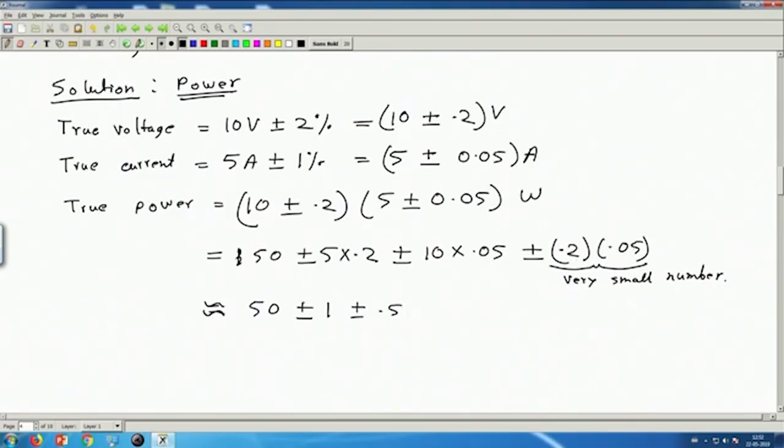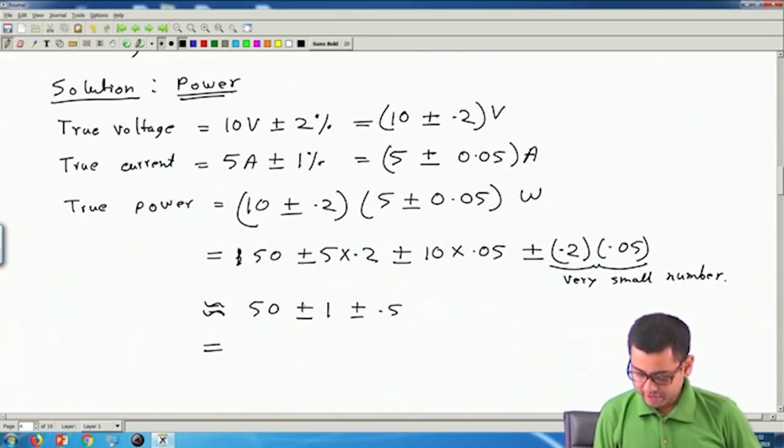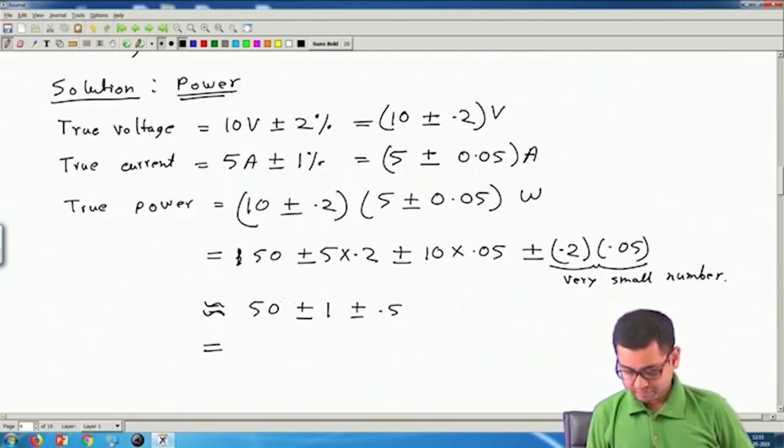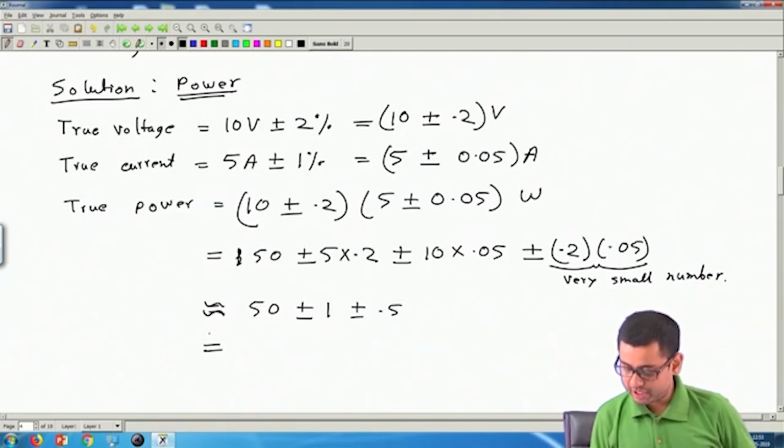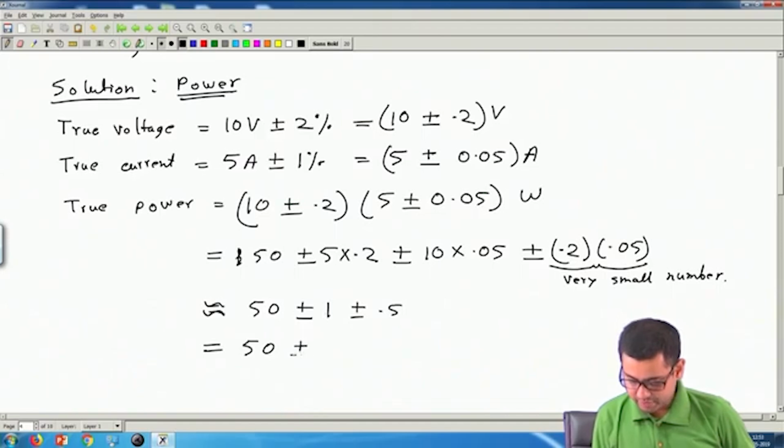So now the worst case scenario will be when this and this plus occur together, or this minus and this minus occur together. So the worst case scenario will be 50 plus minus 1.5.